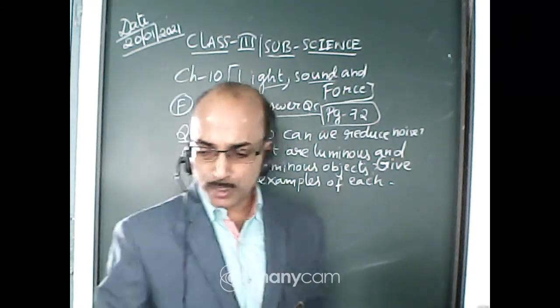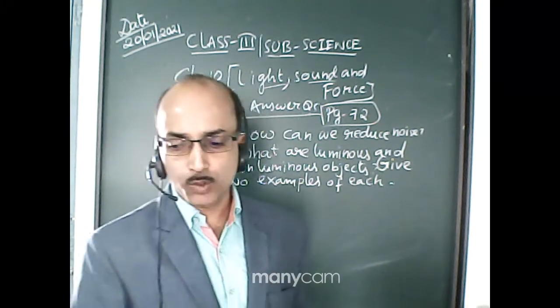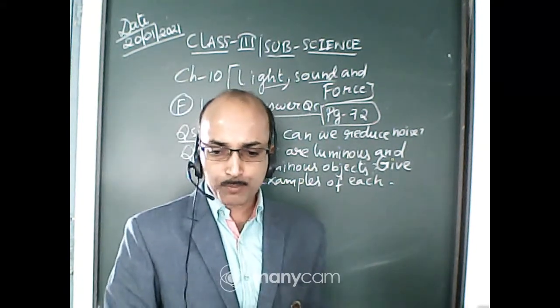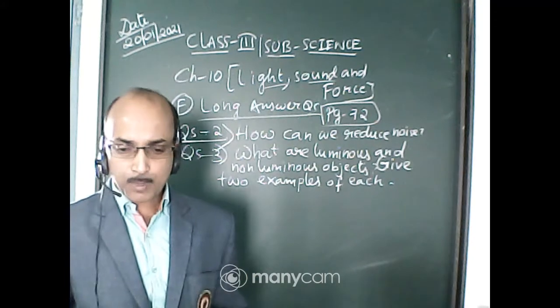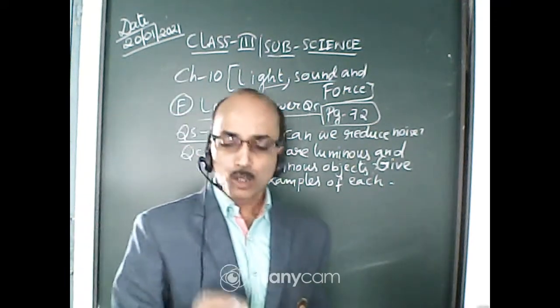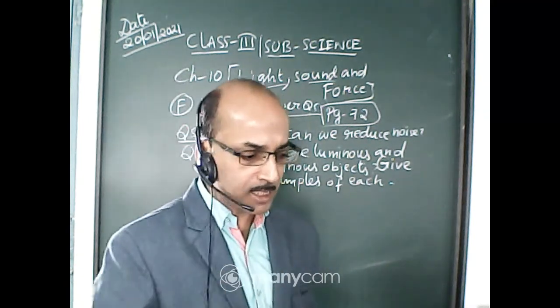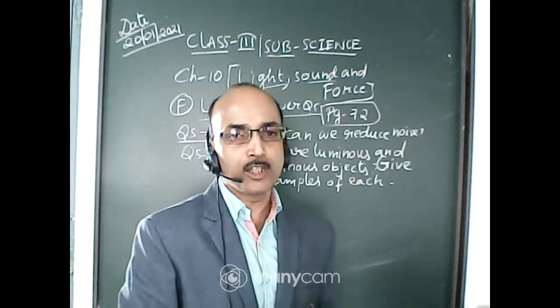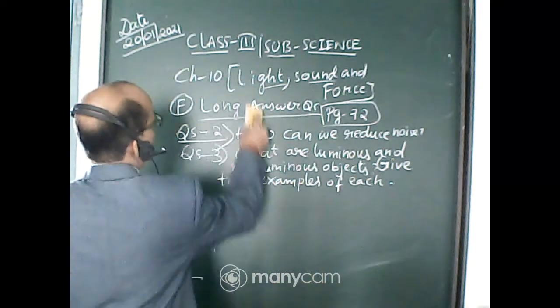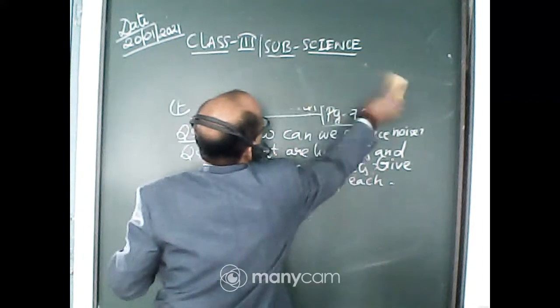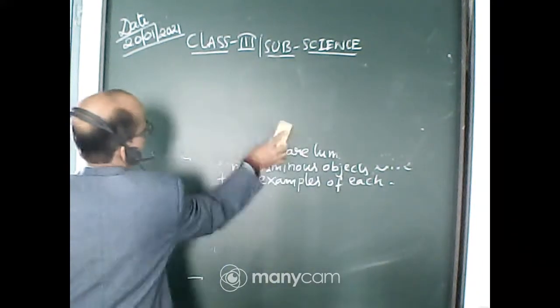Now students, I will be starting a new chapter today. Your chapter is chapter number 11, air, water and weather. This is page number 73 in your science book, and I expect every student to open page number 73.